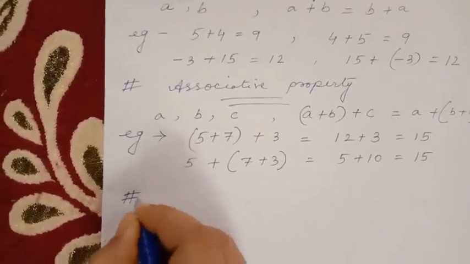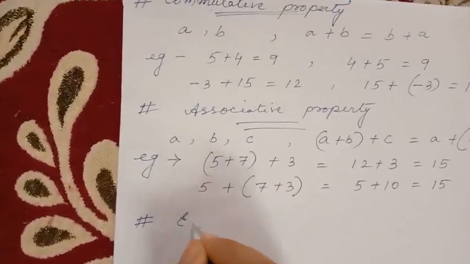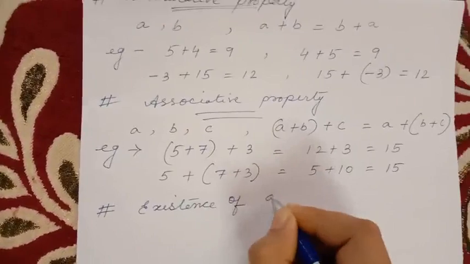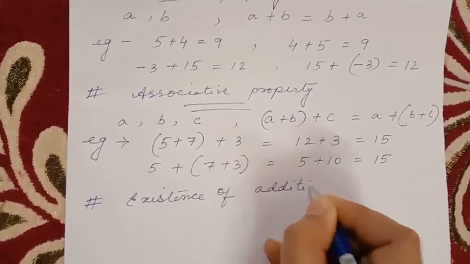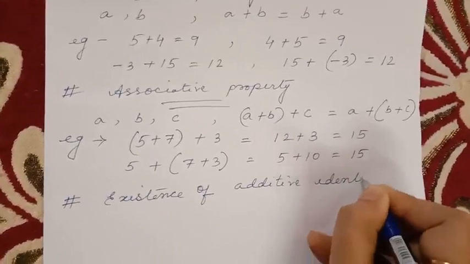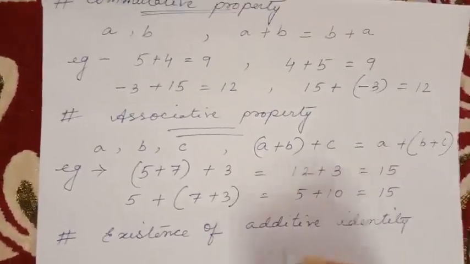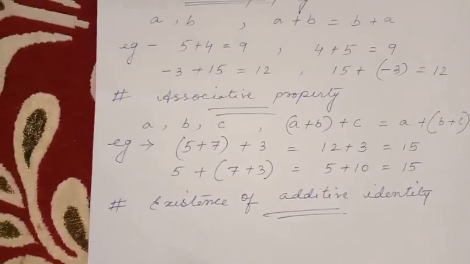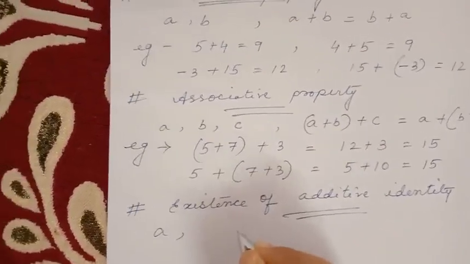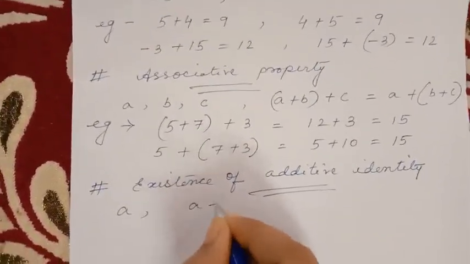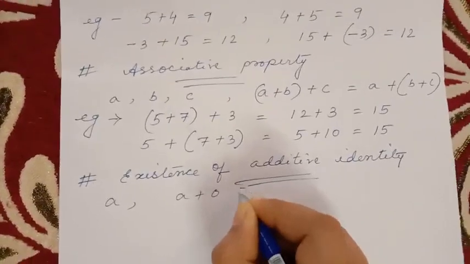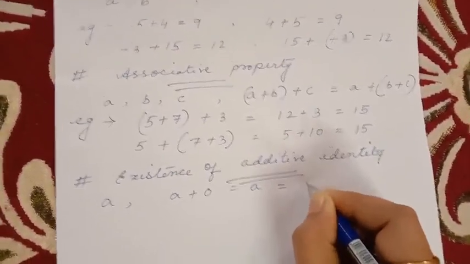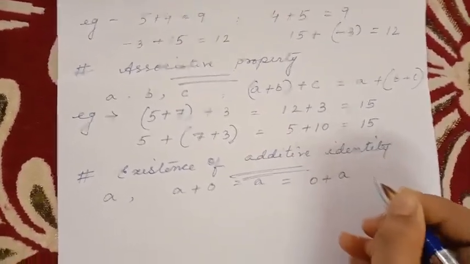Next is the existence of additive identity. For every integer a, a plus 0 equals a, that equals 0 plus a.